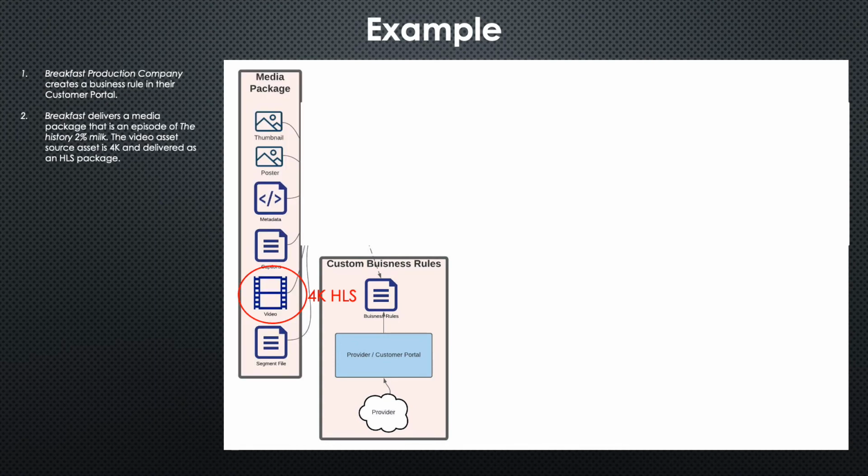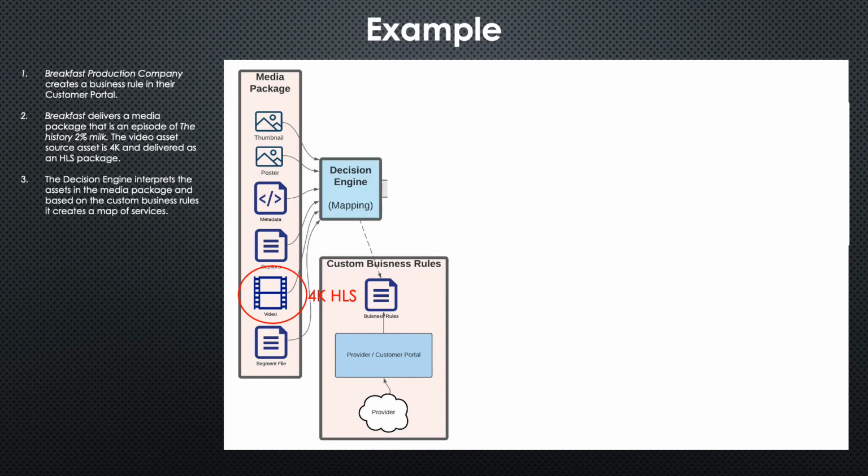After they make that rule, they are going to deliver the media package. This media package will be The History of 2% Milk. The History of 2% Milk title will actually be in the metadata file, maybe the ADI. The video asset source is 4K, and it is delivered as a HLS package.